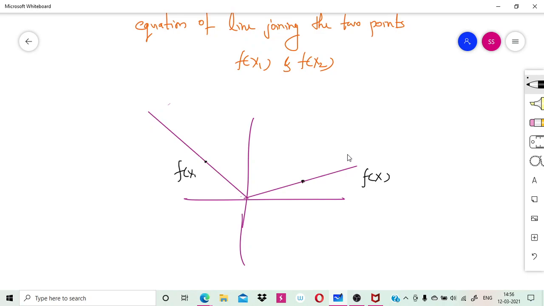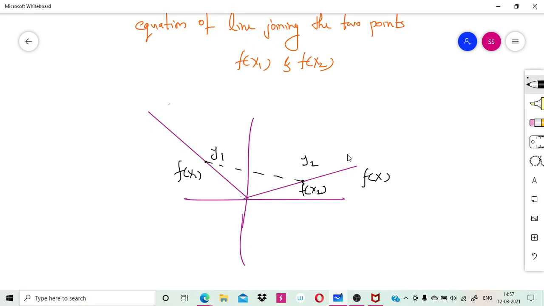This is f of x1 and this is f of x2, or you can say y1 and y2. Now you join these 2 points and you will get a line segment. Then you observe the graph below this line segment.